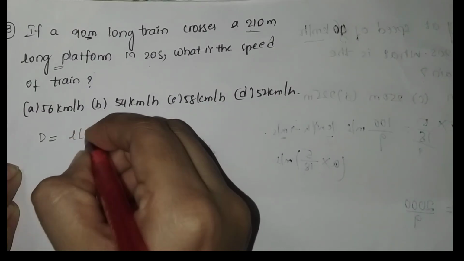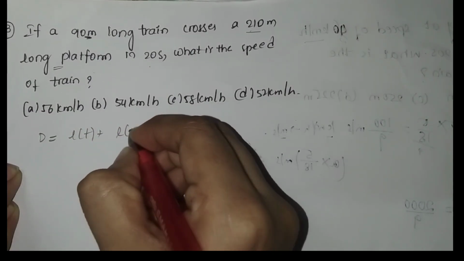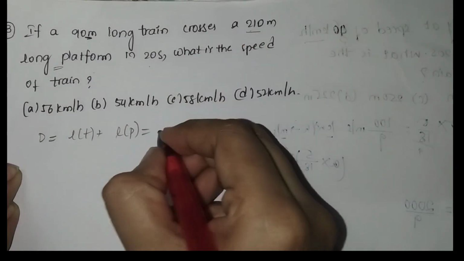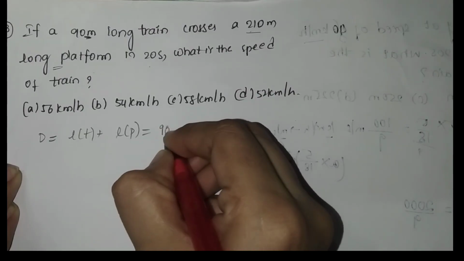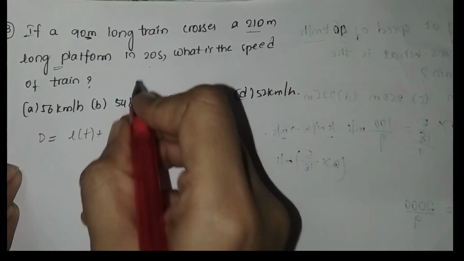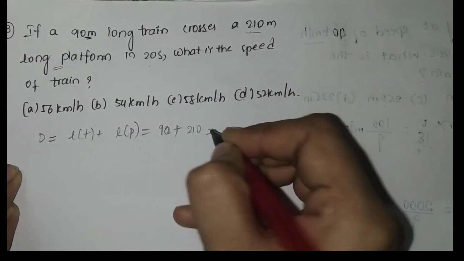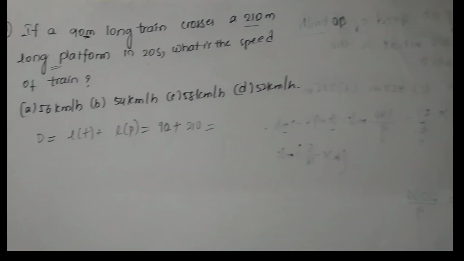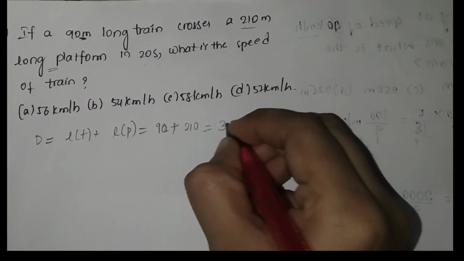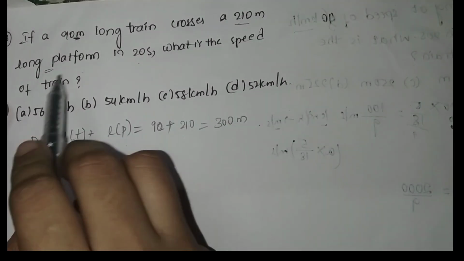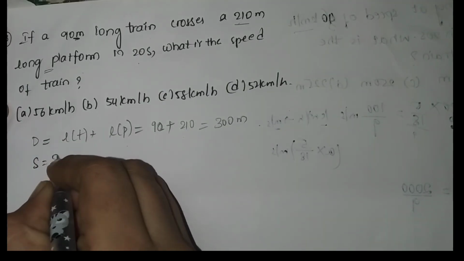The length of the train is 90 meters plus the length of the platform, 210 meters. By adding this, we get 300 meters.